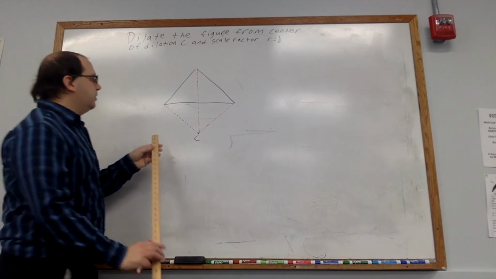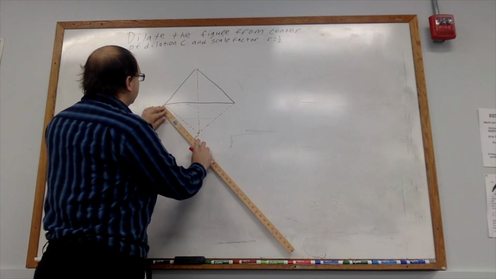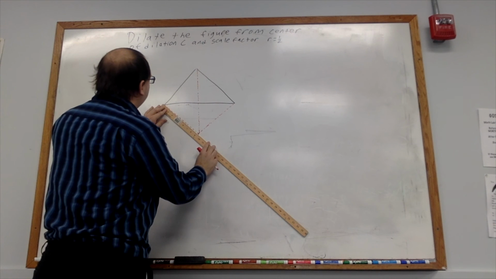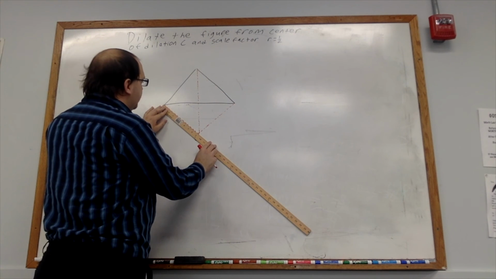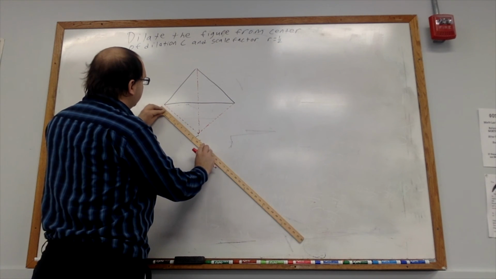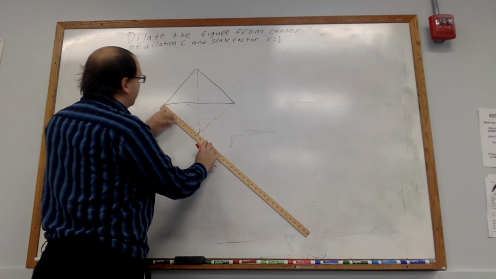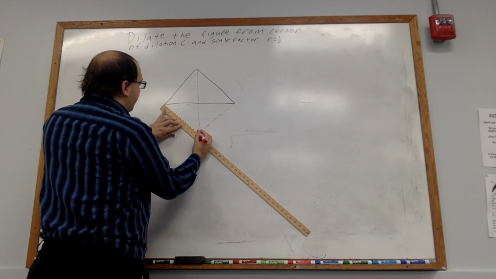You take your ruler, and this line happens to be 9 inches, so we would find 4.5 inches, which is halfway.